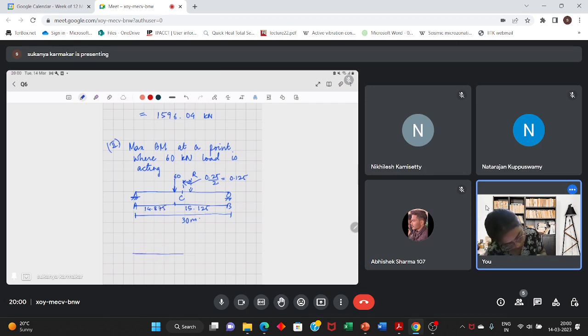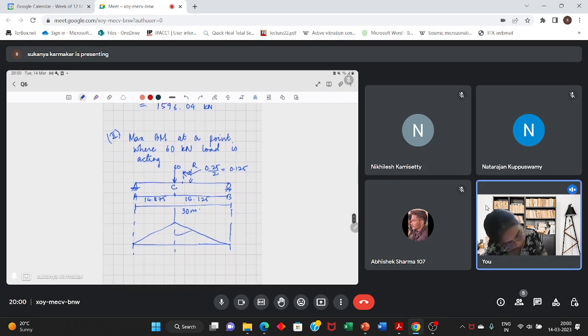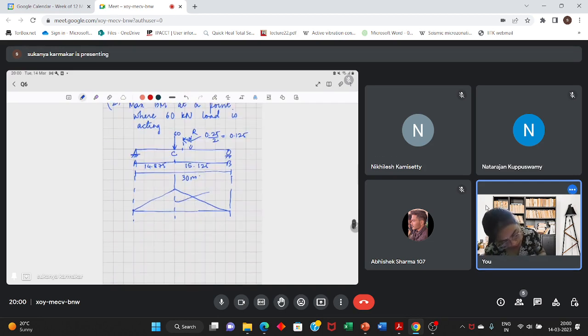Now draw the ILD of bending moment at, see, this is not C. This point is A. So what will be this coordinate?